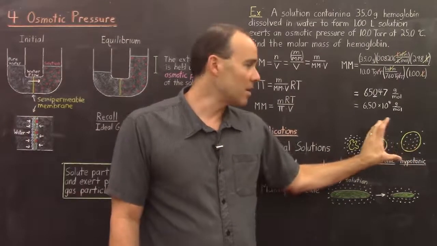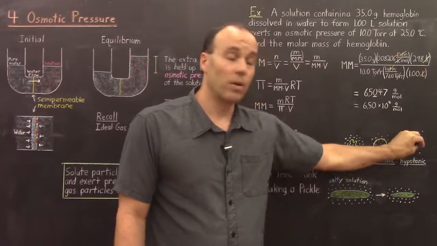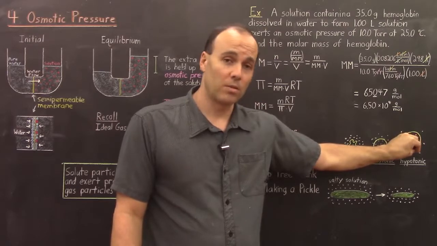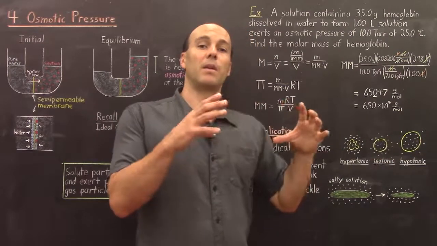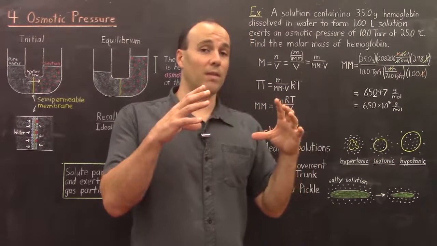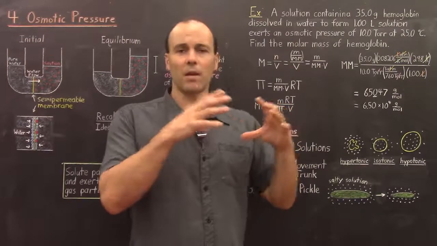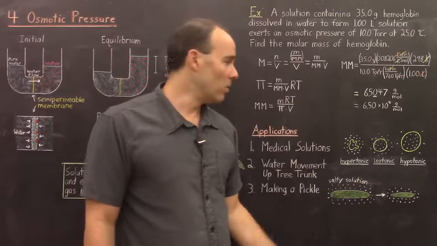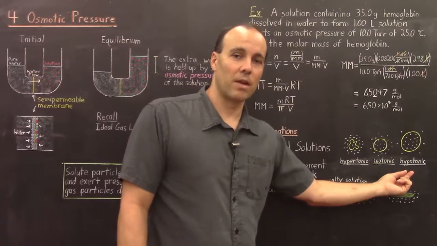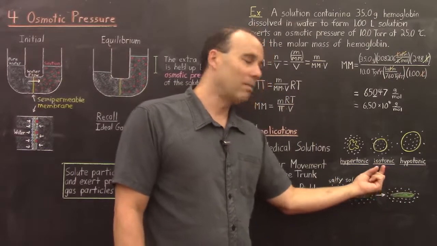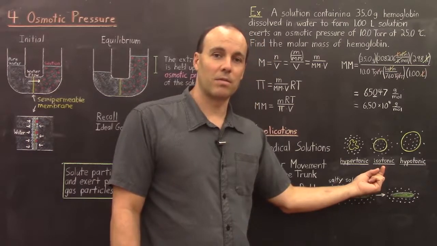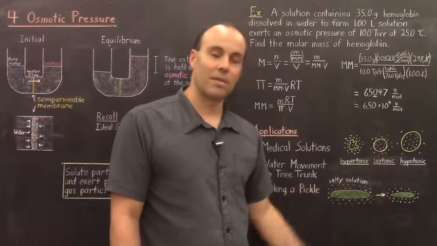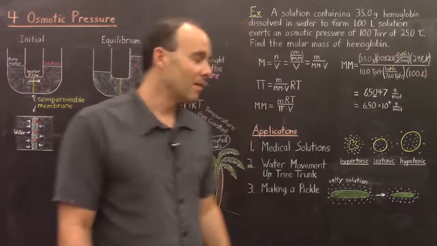And so in that case, solvent will end up incorporating into the cell, and the cell will end up getting bigger because more solvent is traveling in through the membrane. And that can cause cells to increase in size, even rupture. So we don't want to have a hypotonic solution either. You'd probably rather have an isotonic solution, right? That doesn't disturb the cells.